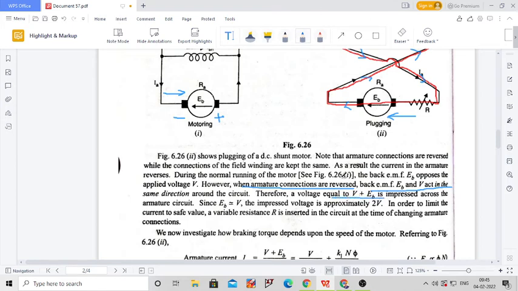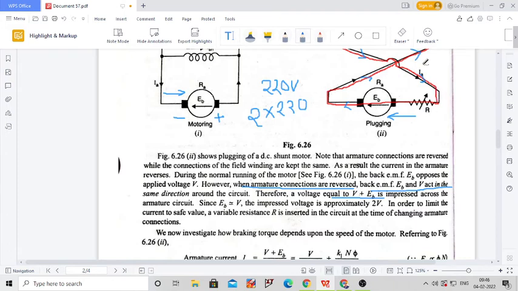That means if the normal operating voltage is say 220 volt, under plugging that voltage may rise to twice of this normal operating voltage, that is up to 400 volt to 440 volt. And under this case, as the voltage gets doubled, due to the smaller resistance of armature, the motor will now carry a large value of current.